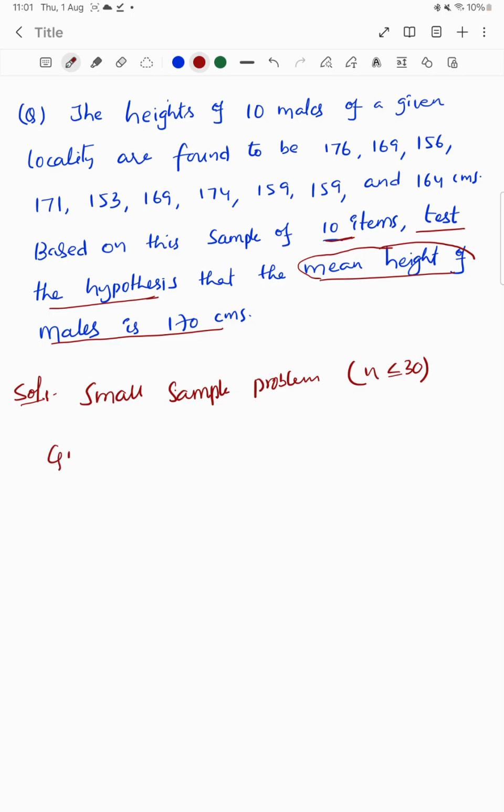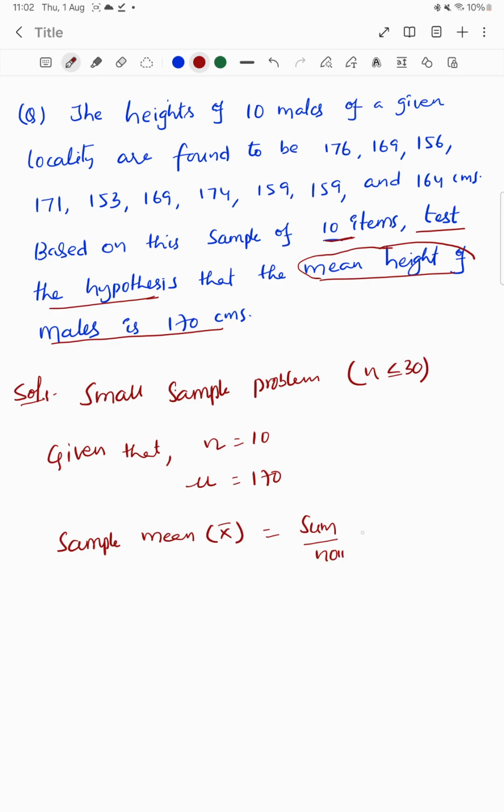First of all, I am writing the given data. Given that n is equivalent to 10, the population mean mu is equivalent to 170, this we need to test, and the sample mean x bar is equal to the sum of the observations divided by the number of observations.